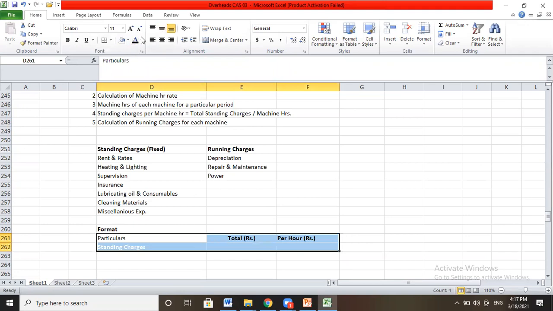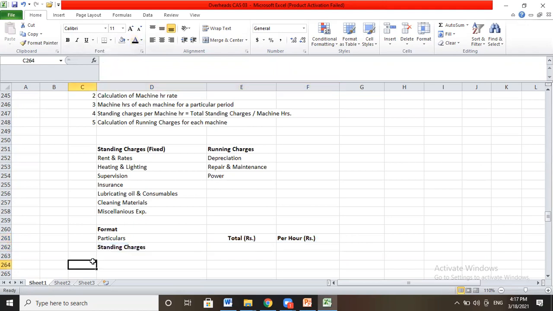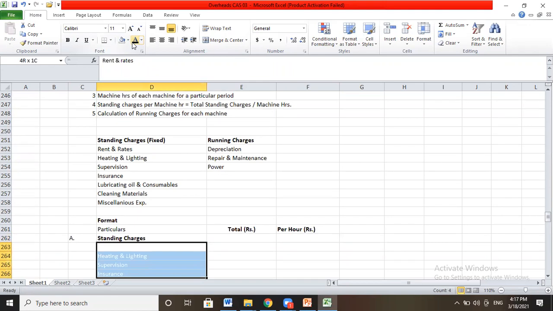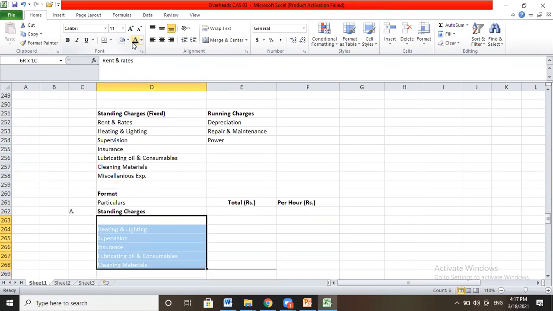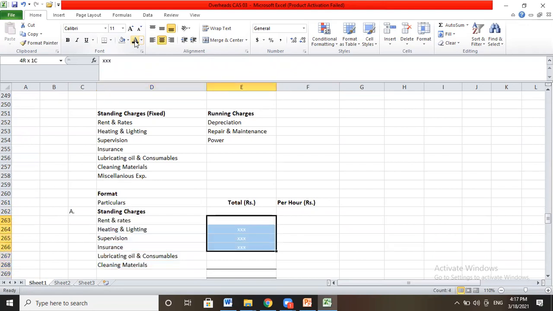First we'll follow the standing charges. If standing charges are given in the information, we will definitely calculate them first. So we calculate standing charges separately, like rent, rates, heating and lighting, supervision, insurance, lubricating oil, cleaning material. This kind of expenses will be mentioned under total rupees.